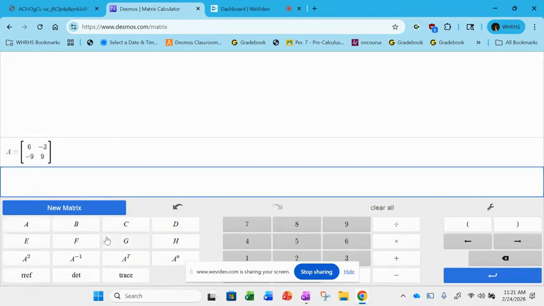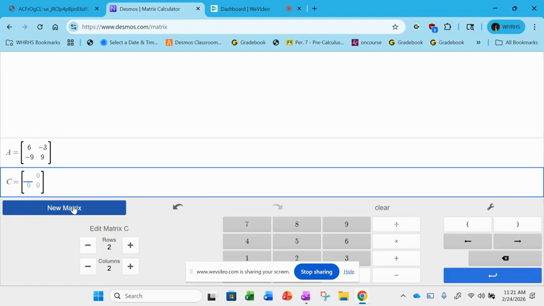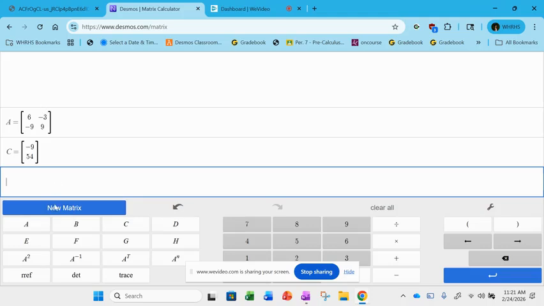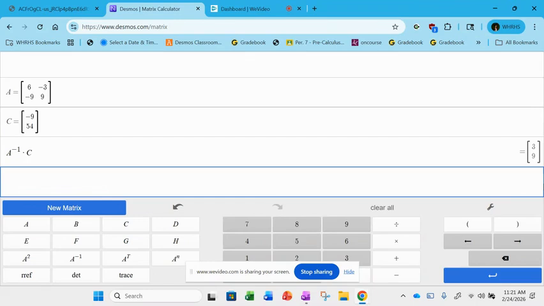Then I need matrix C, which is our constants. -9 and 54, is that right? Yeah, okay. Enter.